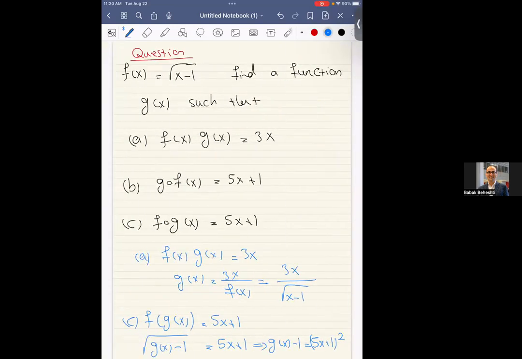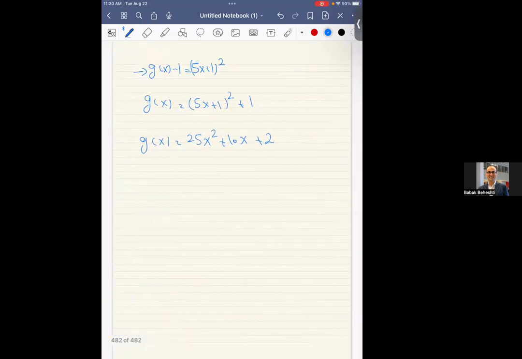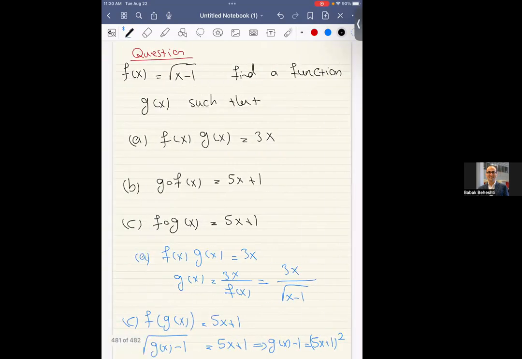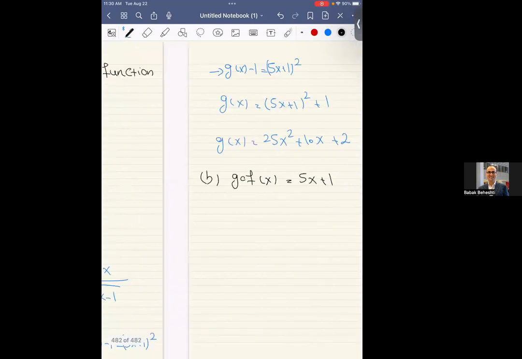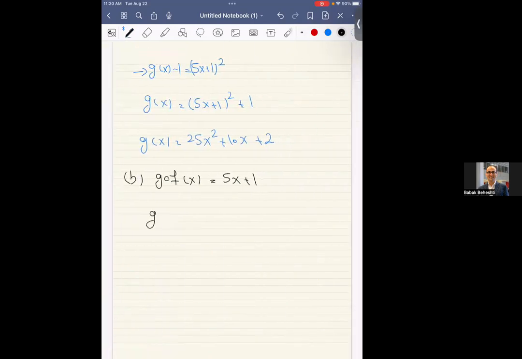Now for part B, you want g of f of x equal to 5x plus 1. But remember that f of x is square root x minus 1. So g of square root x minus 1 is 5x plus 1.